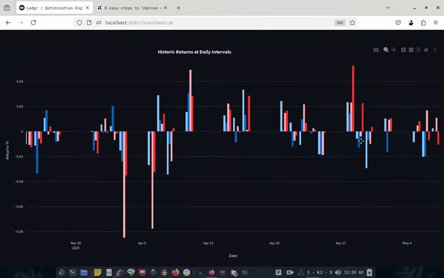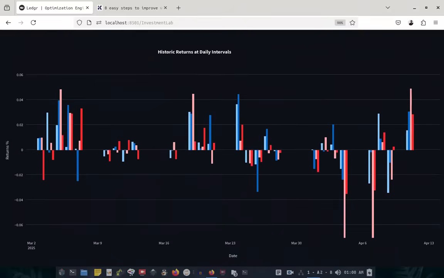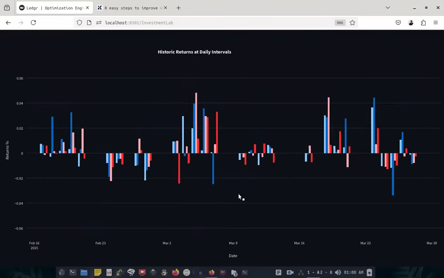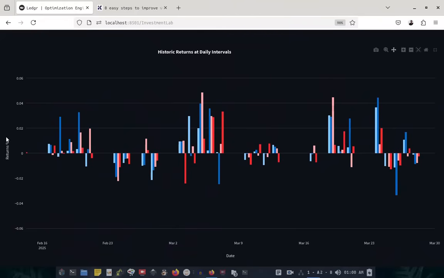I think we've selected 4 stocks, so every 4 stocks, every cluster is a day, and these are the plots. We can pan through it and see how they have performed through time. On the left you have your percentage returns, and on the bottom you have your timeline.